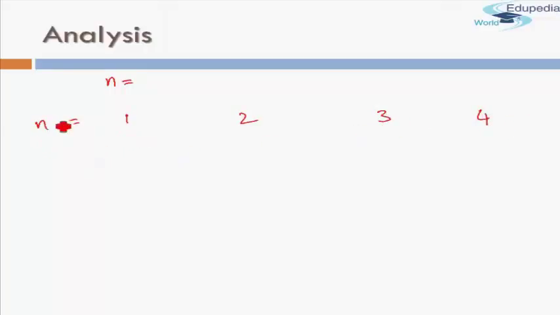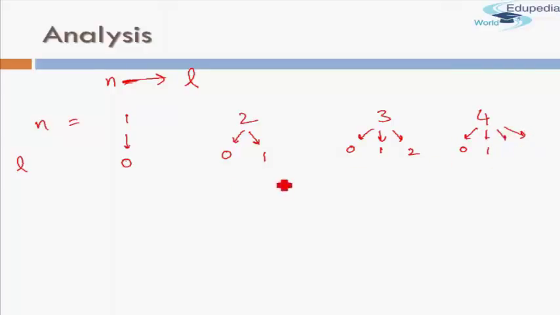Each shell has various subshells denoted by l. Shell 1 has a subshell denoted by 0. Shell 2 has two subshells, 0 and 1. Shell 3 has three subshells, 0, 1 and 2. Likewise, shell 4 has 0, 1, 2 and 3.